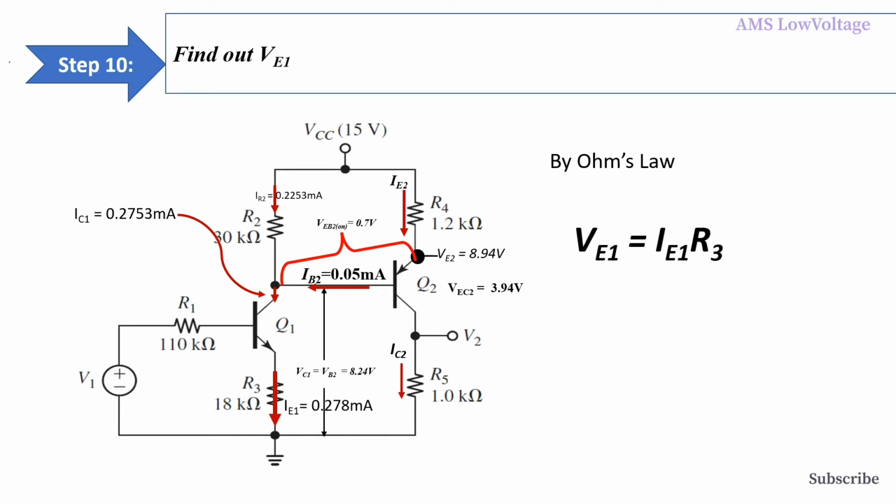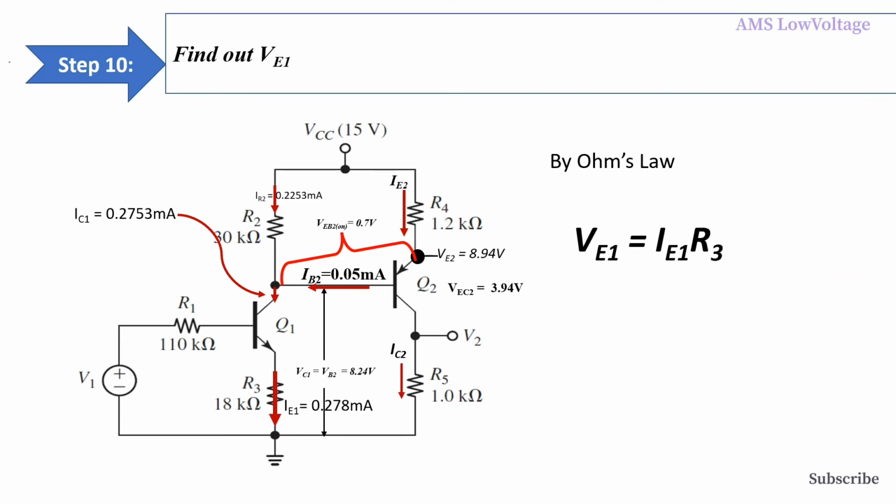In step 10, find out VE1. Now it's very easy to find the voltage across this resistor, and that is VE1. By Ohm's law, VE1 equal to IE1 R3. That means the current in this way times its resistance equals VE1.